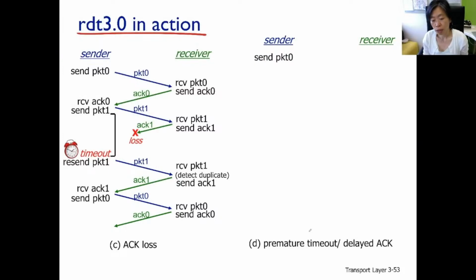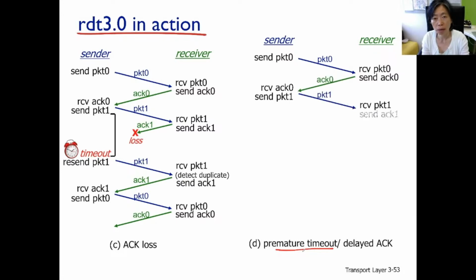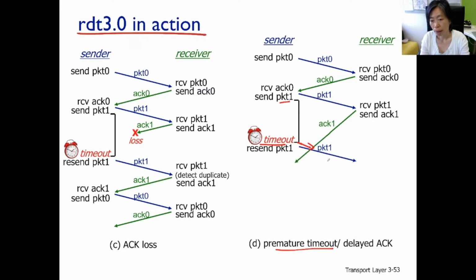Scenario number 4 is to illustrate this case, premature timeout. That is when the timeout interval is this long, but the ACK and data take a long time to make a round trip back. The scenario goes like this. Packet 0 goes, ACK 0 back. Packet 1 goes, ACK 1 takes longer than usual to come back. So at this time point, the timer expires and packet 1 gets retransmitted before ACK 1 can come back.